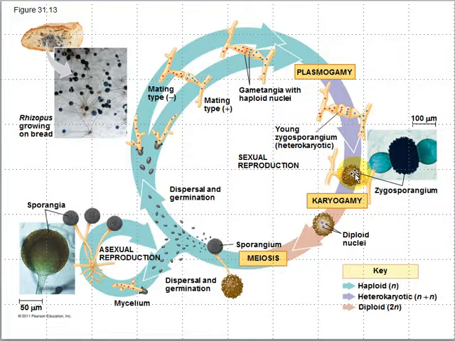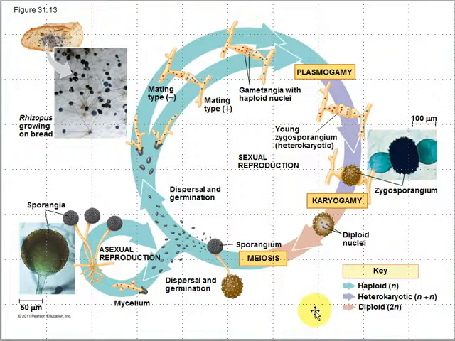So think about it as a diploid nucleus surrounded by a hard shell, and that zygosporangium can then, if the conditions are not right, if there's no food or no water, go into a dormancy and survive for some time until conditions are correct again, and then it undergoes meiosis, and then we have a sporangium that will release again haploid spores and start the whole process over again.